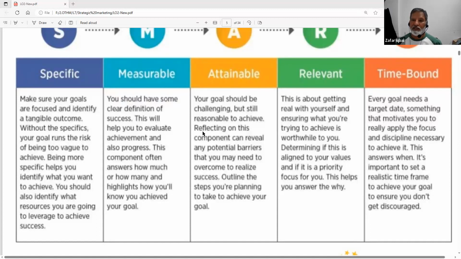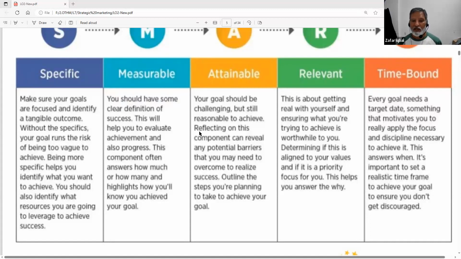For example, no use having a marketing objective that you can't achieve because you haven't got the resources or the capabilities. It's too big, it's too vague, and it's not relevant. So the target that you set for yourself should be challenging but achievable. Otherwise unrealistic challenges cannot be attainable and cannot be reasonable to achieve.